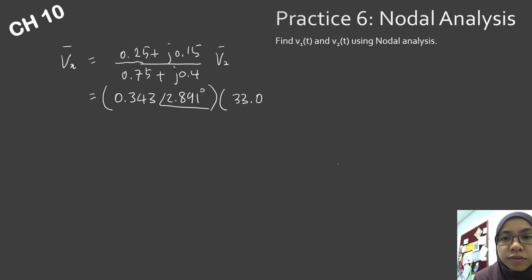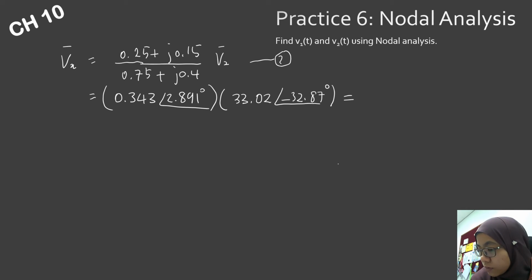In the previous two equations, we have to substitute V2 equal to 33.02 at negative 32.87 degrees, and this is equal to 9.81 minus j5.659.